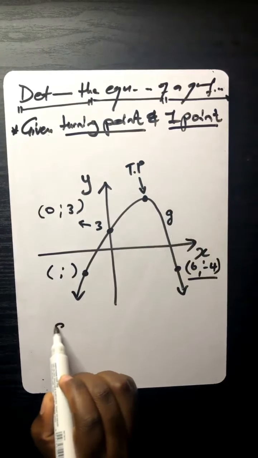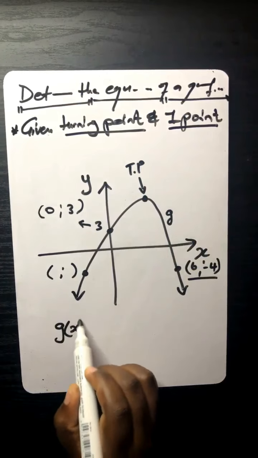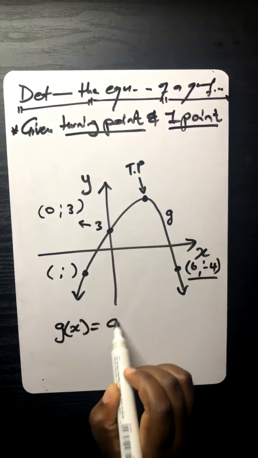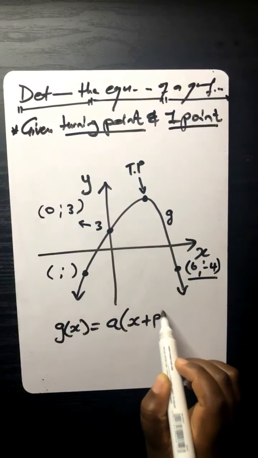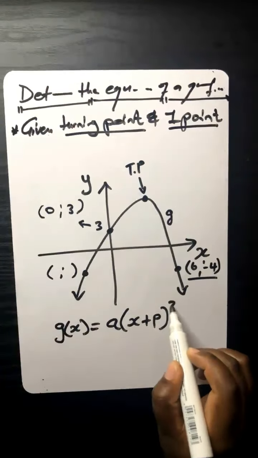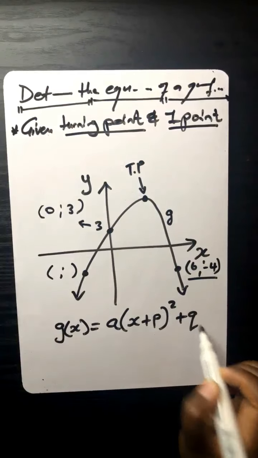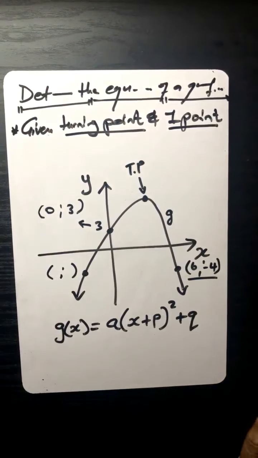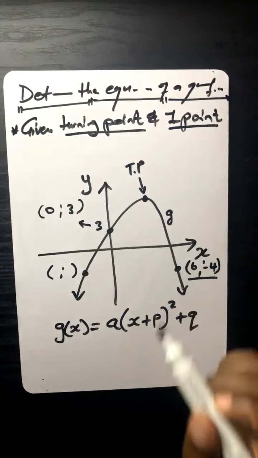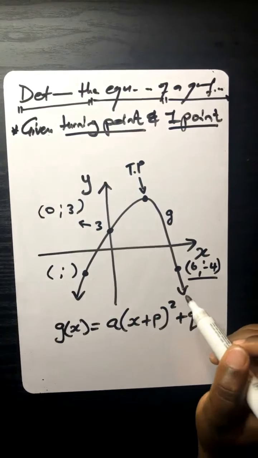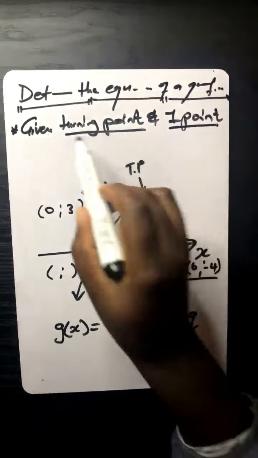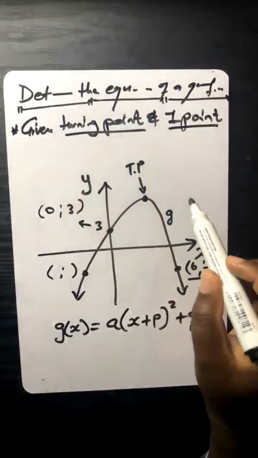That means you are going to have G of x equals a times (x plus p) squared plus q. So in case you are given a function, guys, and when you look at it, you see the turning point being given.